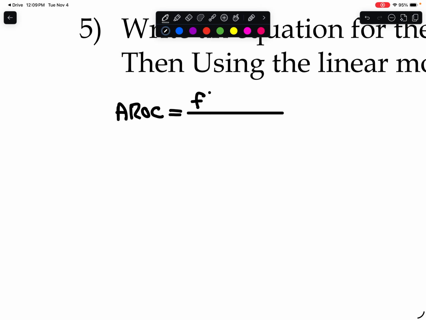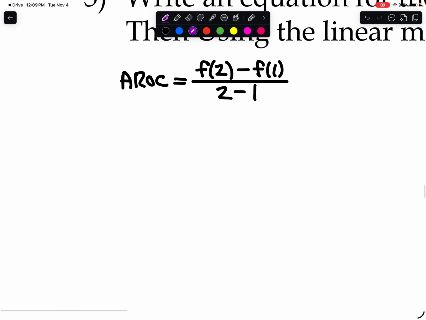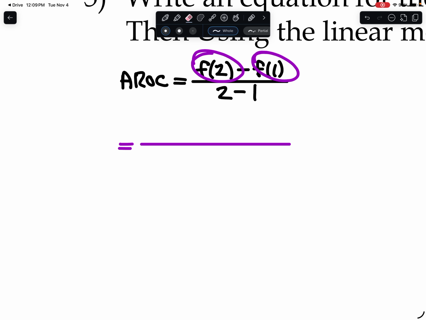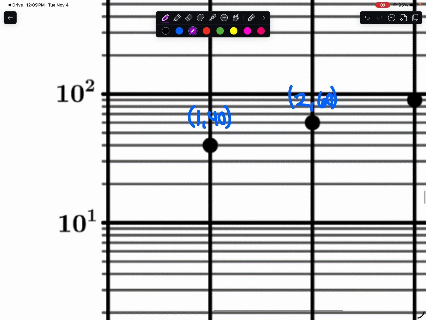So I'm going to find f of 2 minus f of 1, and that's going to be over 2 minus 1. Now, because we're working with a semi-log plot, you're going to have to logarithmically scale the y values, which means when I plug in the output values for f of 2 and f of 1, I'm not just going to write in 60 and then 40, respectively.